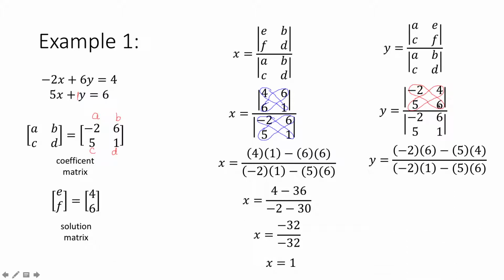Here I am: -2 times 6, minus 5 times 4. Then I do the same thing for the bottom: -2 times 1 minus 5 times 6.